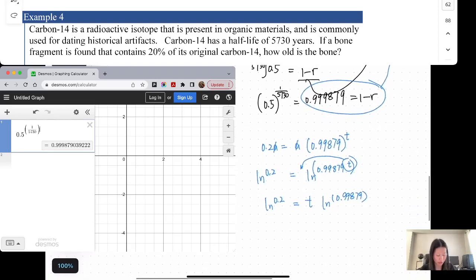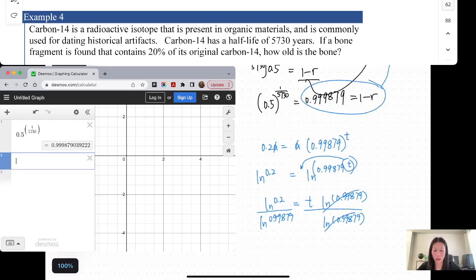Okay, and then I can divide by ln 0.99879 on both sides to eliminate that. So in decimal, this should be what? ln 0.2 divided by ln 0.999. Oh, I forgot one more 9 in here.